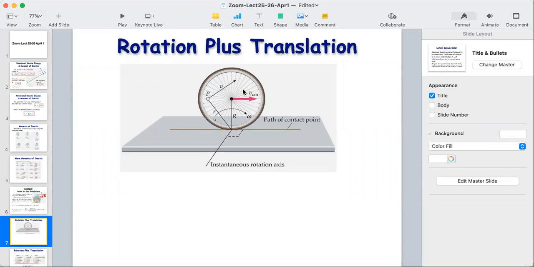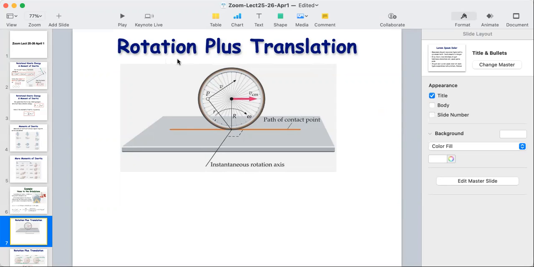In the case of the bicycle, the wheel is not only rotating, but also moving forward. So you have rotation plus translation. You would have only rotation if the bicycle were still in one position, like if you raise up your bicycle and just move the wheels.